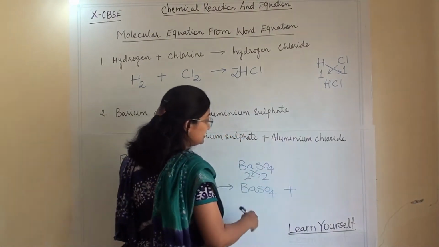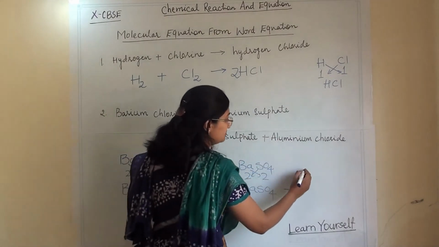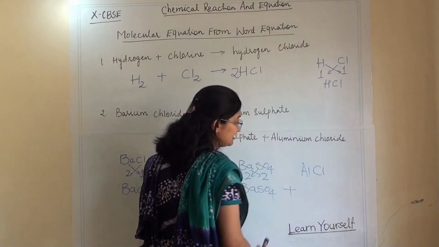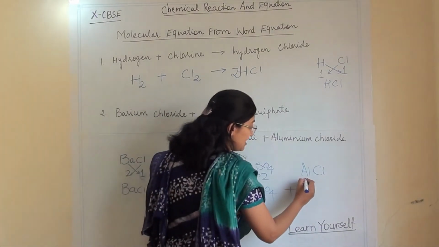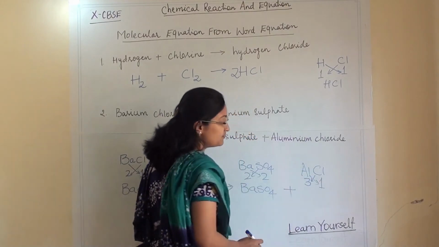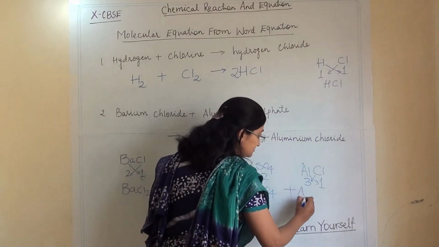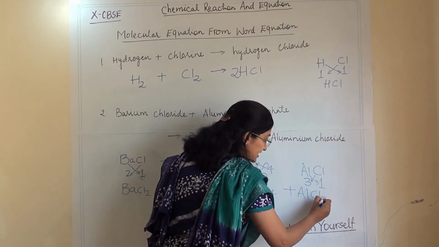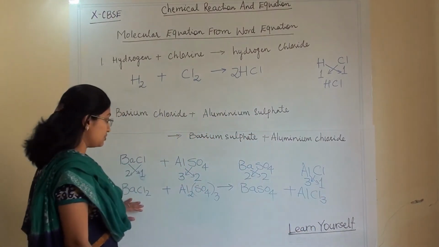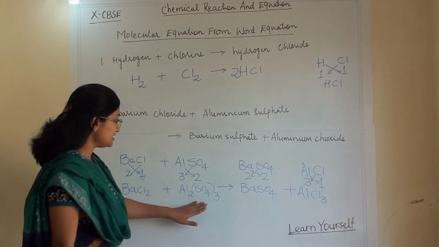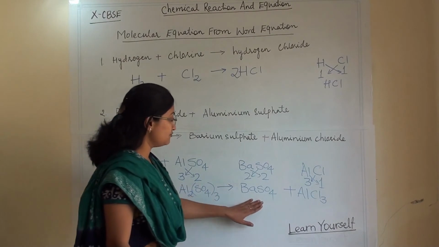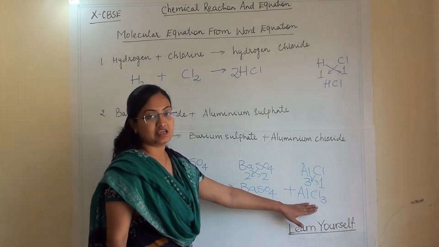Now the next one, aluminium chloride, Al and Cl. Their combining capacities are 3 and 1. Via the crisscross method, we will get AlCl3. So this is our equation: BaCl2 plus Al2(SO4)3 gives BaSO4 and AlCl3.